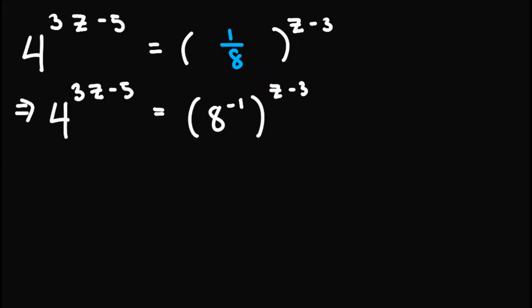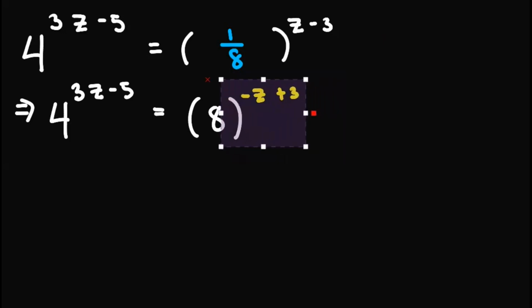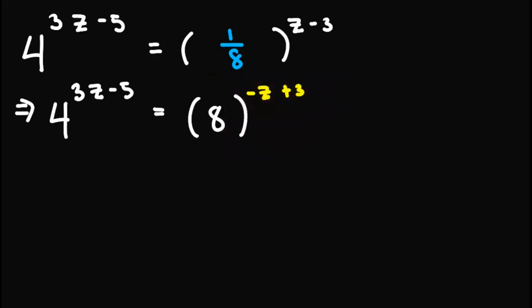By laws of exponents, we can simply multiply this to obtain negative 1 times z minus 3. That will give us negative z plus 3. Now, note that 4 is equal to 2 squared and 8 is equal to 2 cubed.